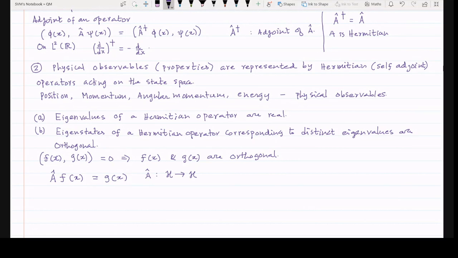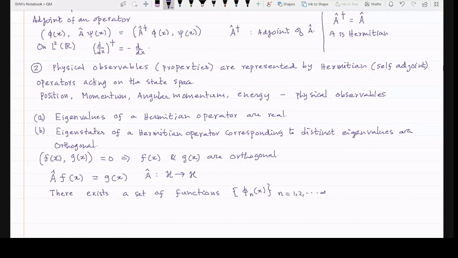Now, there exists a set of functions, which I will call phi n of x, and n can go from 1, 2, etc. up to infinity.